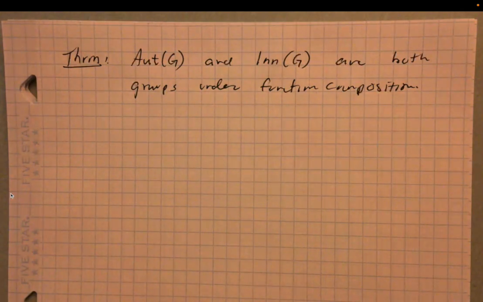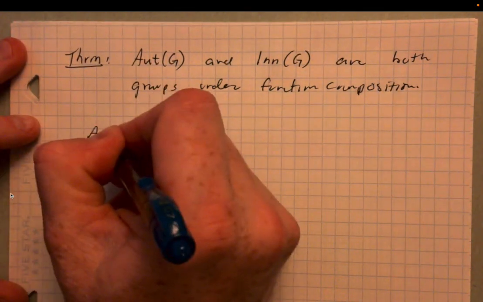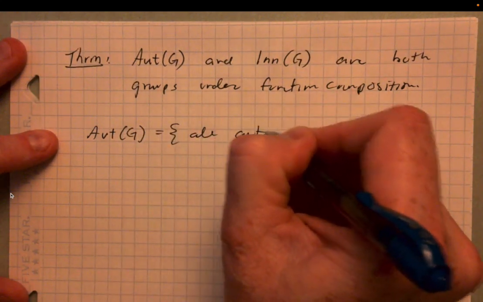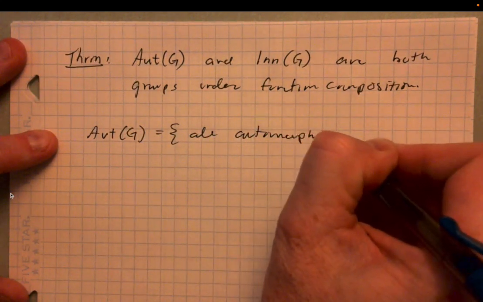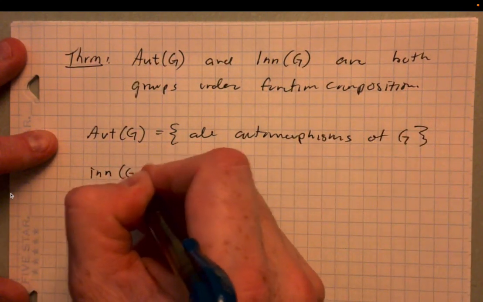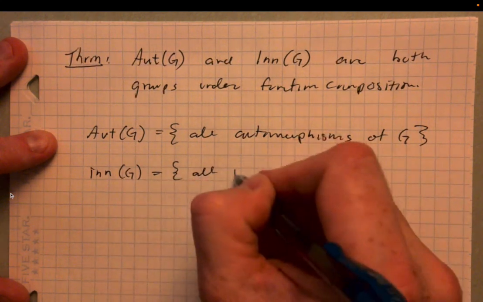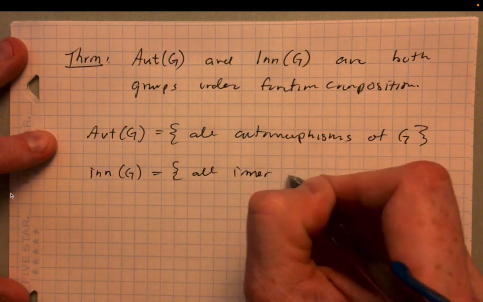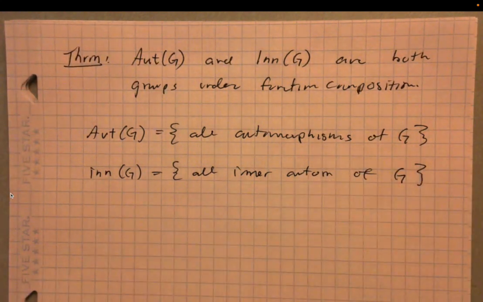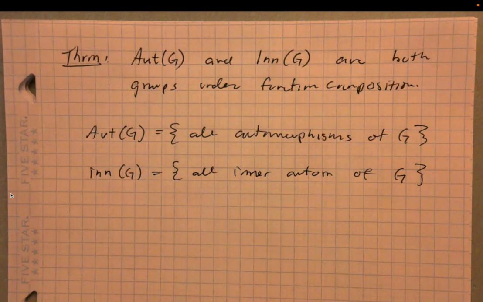Right. So remember Aut(G), all automorphisms of G, Inn(G), all inner automorphisms of G. These are both groups.